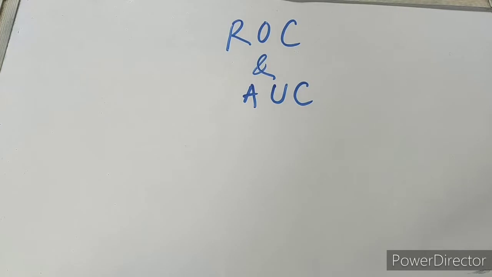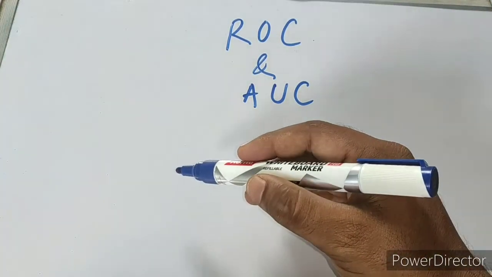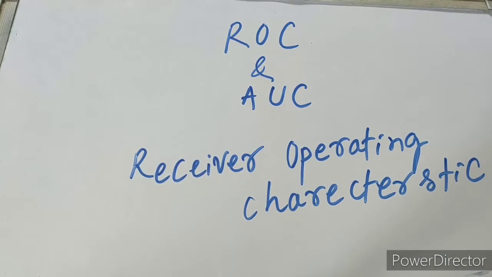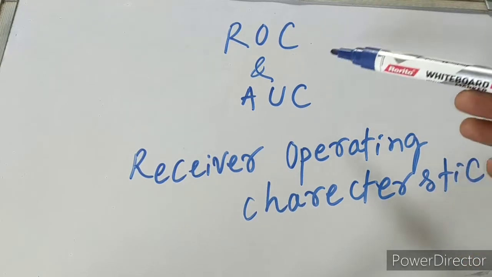So let's proceed. The full form of ROC is receiver operating characteristic. I will explain how the name ROC came. As you can see on the screen, receiver operating characteristics stands for ROC.